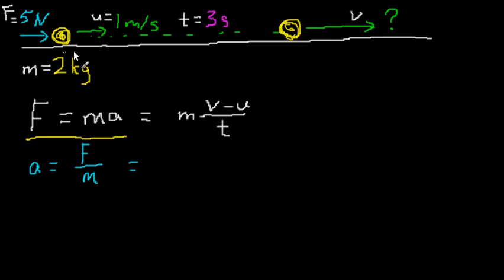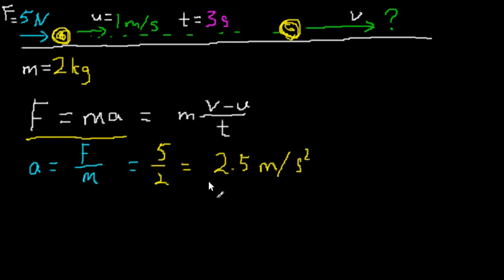Force over mass is 5 newtons over 2 kilograms. So 5 over 2 is 2.5. Acceleration units are meters per second squared.